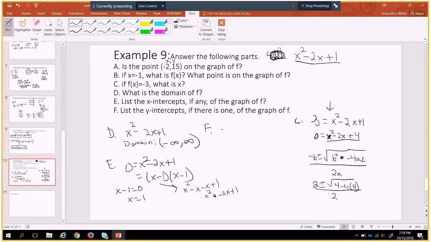So we have that y is equal to 0 squared minus 2 times 0 plus 1, and then we solve for y. 0 squared is 0, and minus 2 times 0 is 0, so all we're left with is that 1. So we have a y-intercept of 1, and that is our final answer.